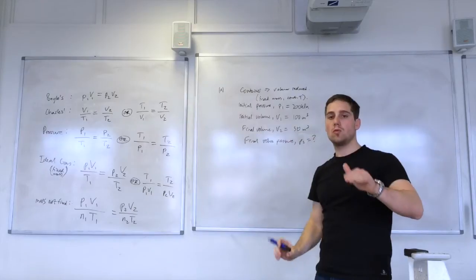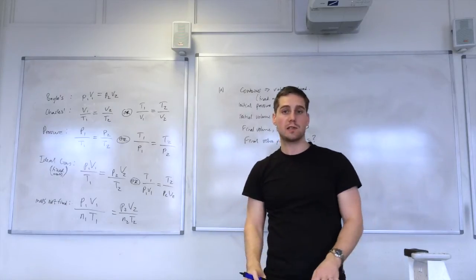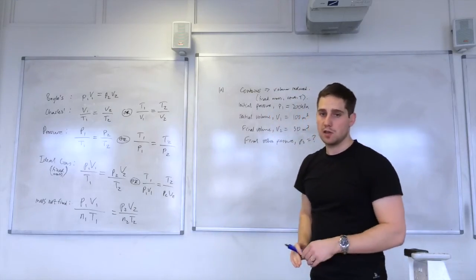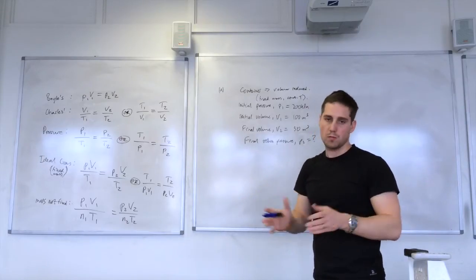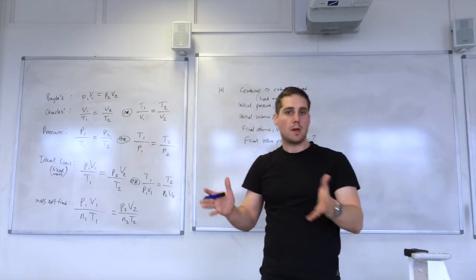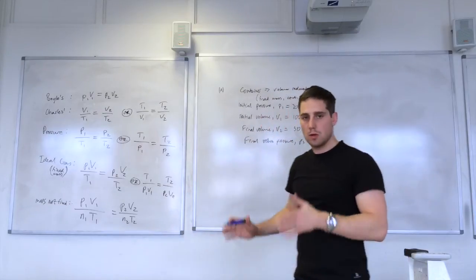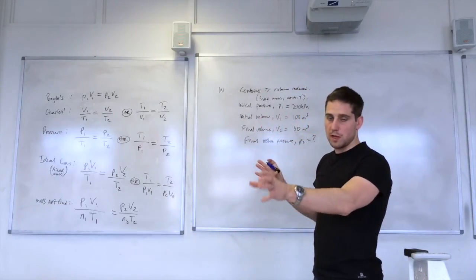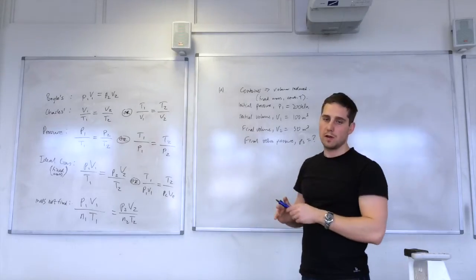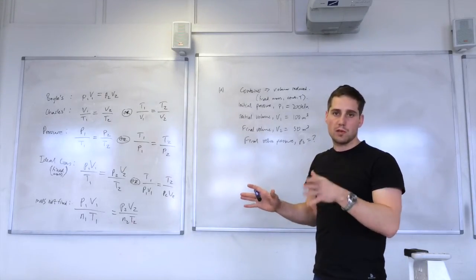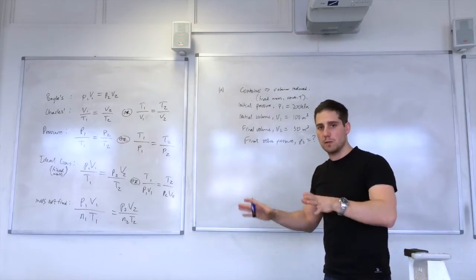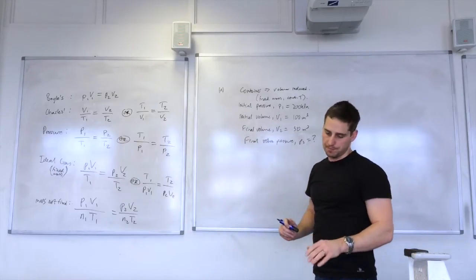If you're not told that a quantity changes, assume that it doesn't, unless one of them is indicated as an unknown that you need to find out, if you're given one initial quantity and then you need to find a final. But if nothing is said about the volume, assume that it stays constant. So assume that it does unless you're explicitly told that it's not.